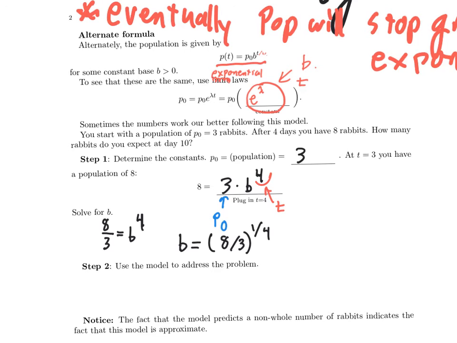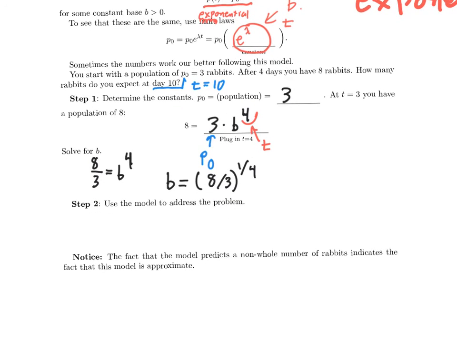I want to know what the population is at day 10. So that means I want to plug in t equals 10 days, but I'm being consistent with my unit, so I don't need to worry. So let's use the formula above.